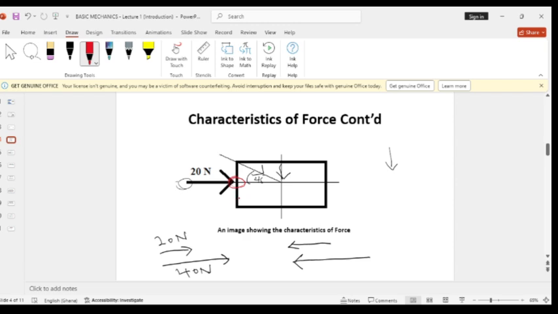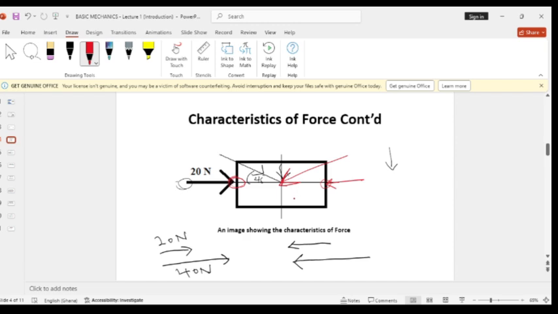Then in another example, assuming instead of this side, the force was directed here, then this point becomes the point of application. In another example, it might be directed at an angle. Let's see here. Then we can show it here. So that part becomes the point of application.